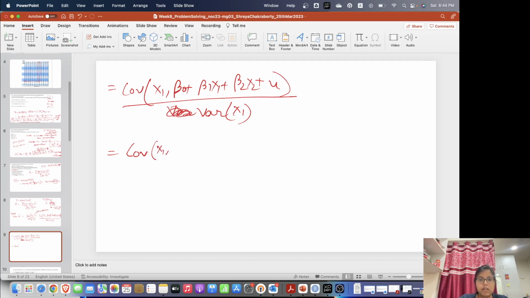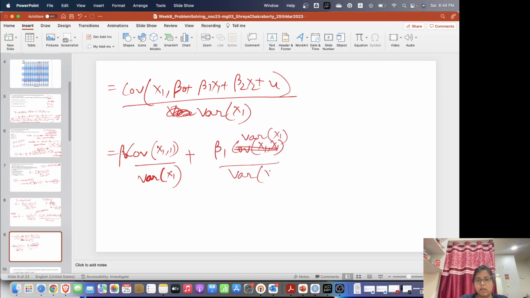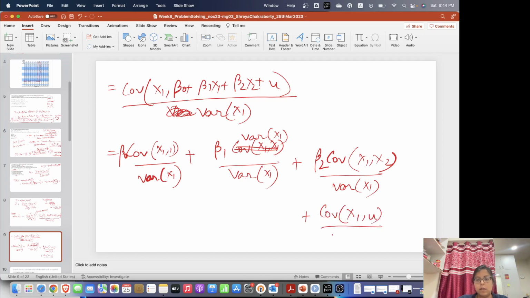So we would have covariance of x1 with beta naught divided by variance of x1, plus beta 1 covariance of x1 with x1, which is variance of x1 divided by variance of x1, plus, taking beta 2 out, beta 2 covariance of x1 and x2 divided by variance of x1, plus covariance of x1 and u divided by variance of x1.